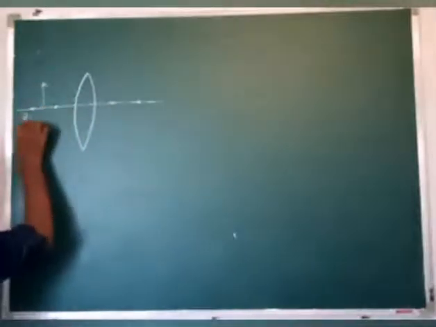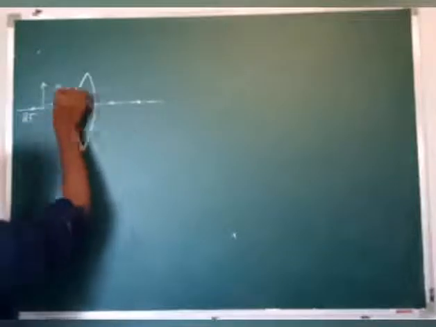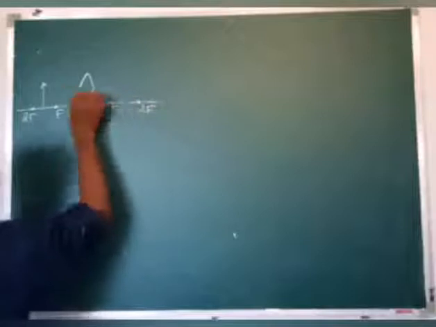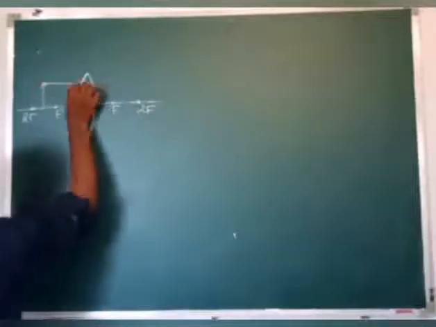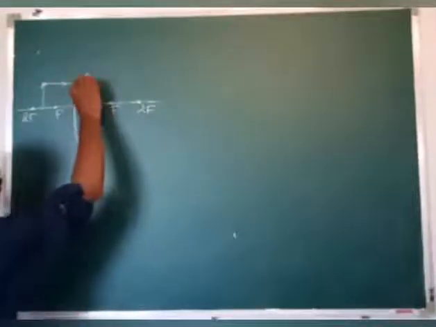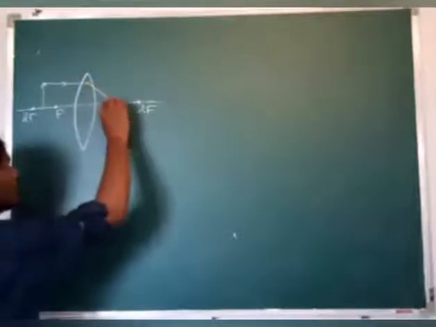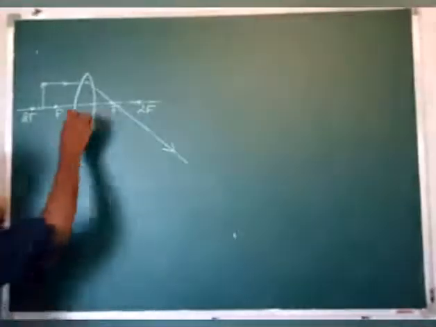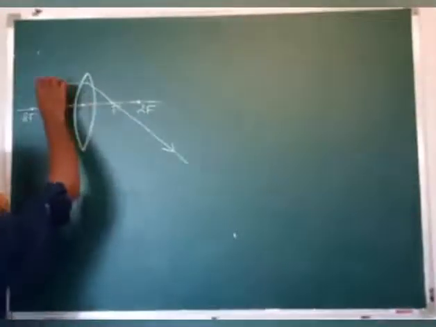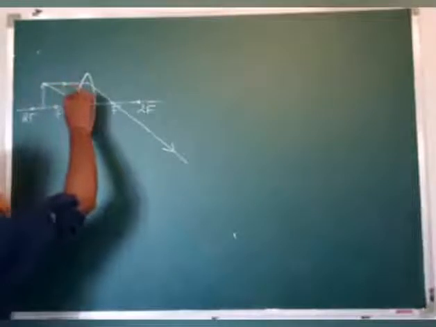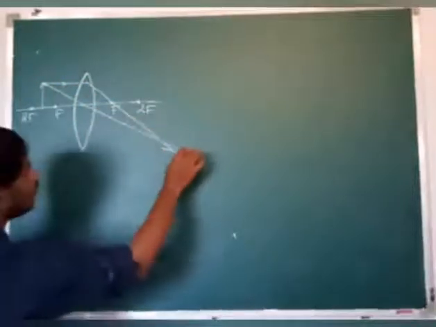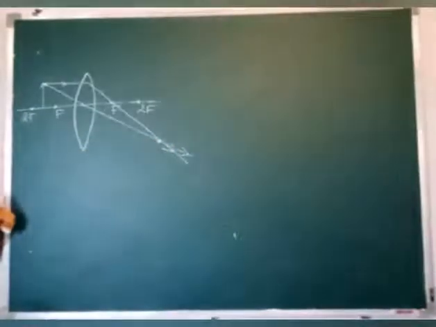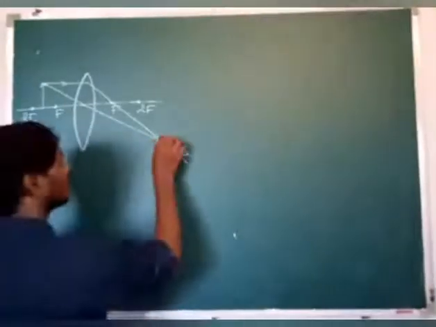It is 2f and it is f. Again it is f and it is 2f. The first ray is parallel to the principal axis. After refraction, the refracted ray passes through the second principal focus. Then the second incident ray, passing through the optical center, passes without any deviation. So where will the refracted rays meet? At that position, the image of the object is formed.